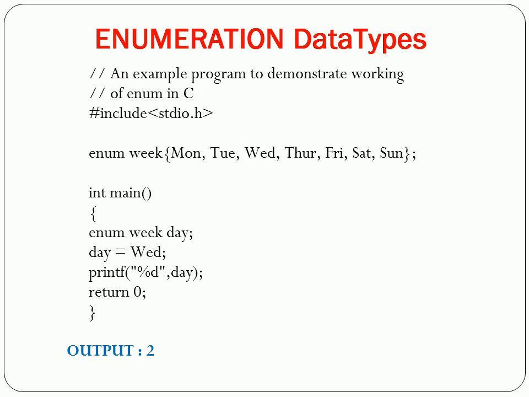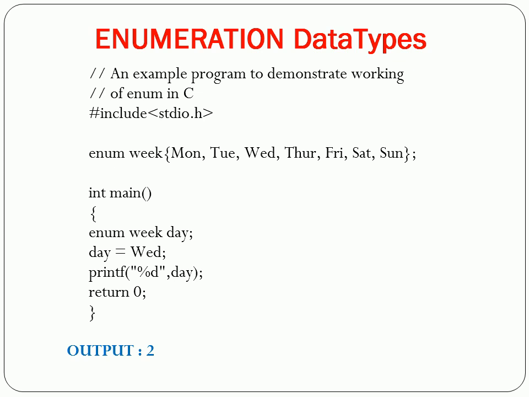Then we use a printf statement to display what is in the day variable. Finally we terminate the program using the statement return 0 and close it. The output you will get is 2.